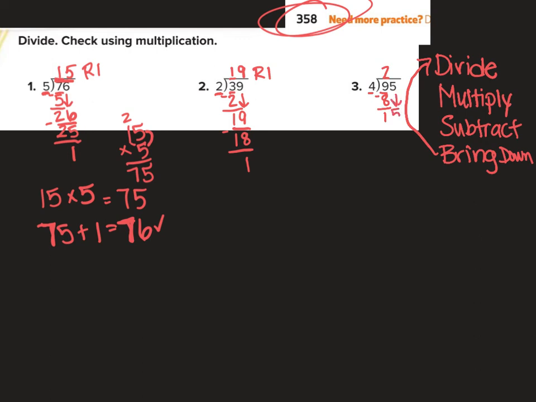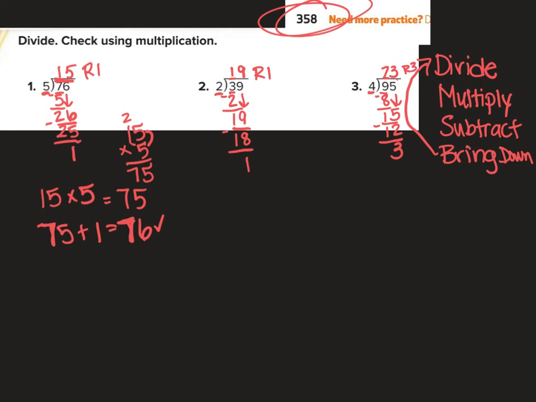Bring it on down and bring it on back to divide. 15 divided by 4 is 3. Multiply. 4 times 3 is 12. And subtract. Nothing else to bring down, so my quotient is 23, remainder 3.